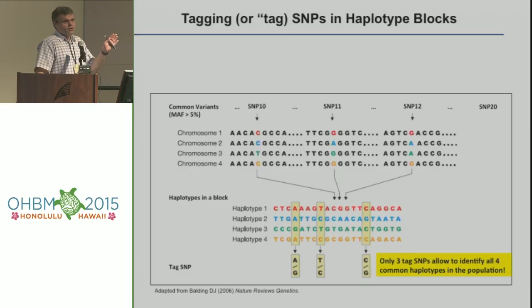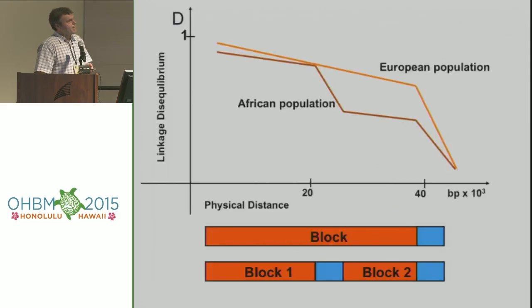So this reduction of genotyping work for systematic association analysis obviously has many advantages. It saves labor and it saves costs.